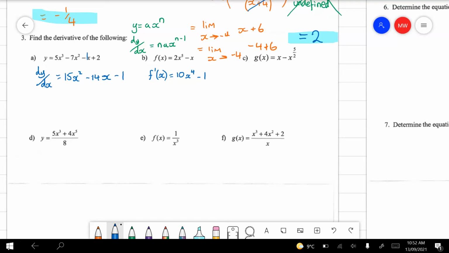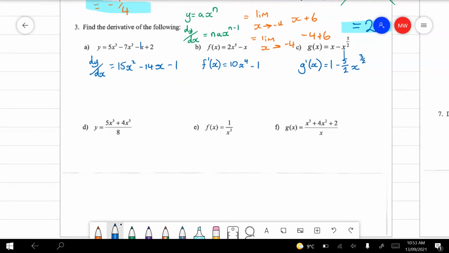Next one, g of x, so this is g dash of x. Just formalities. 1x becomes 1, and then 5 over 2 times 1 becomes 5 over 2 x. And then we've got to take 1 away from 5 over 2, so we end up with 3 over 2.